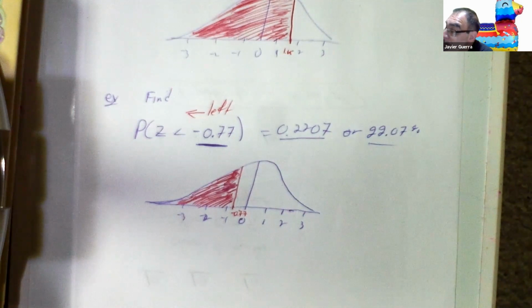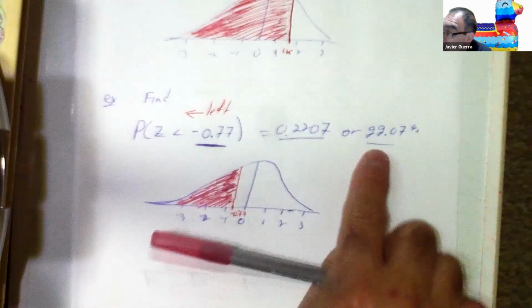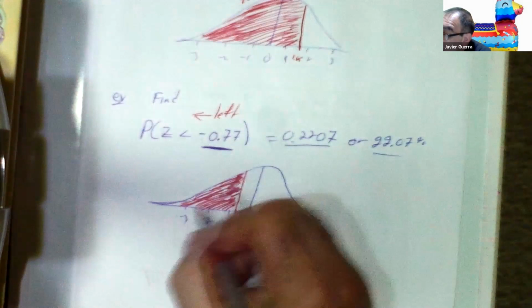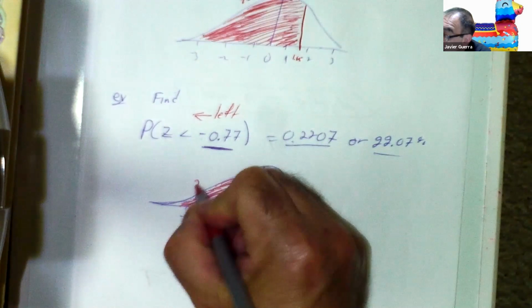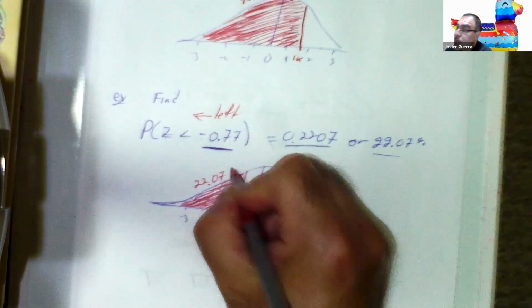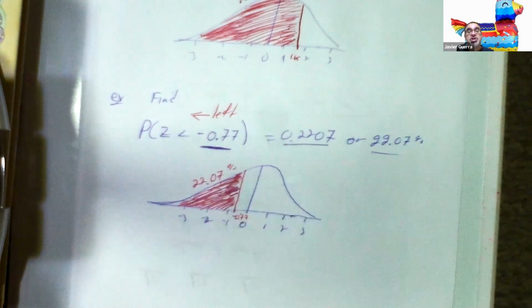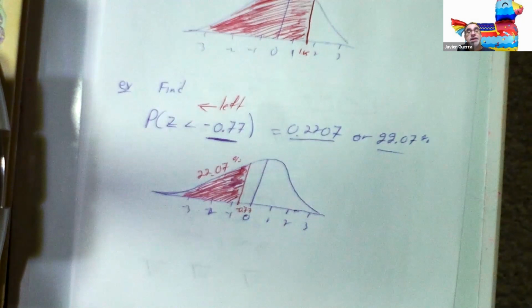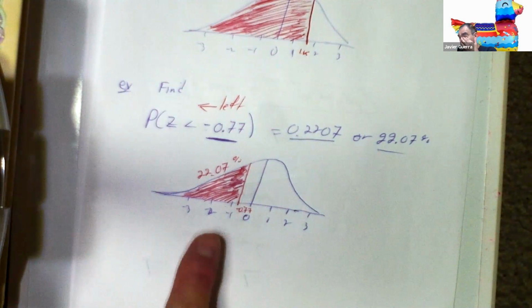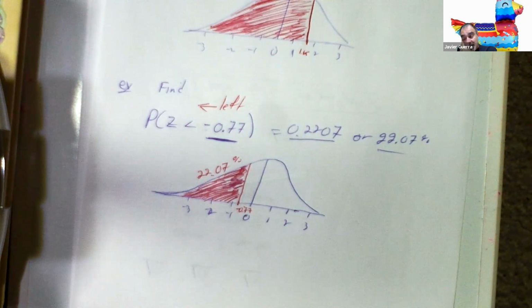But anyways, that shading area was 22.04%. That's how much shade was done by plotting that point on the graph. So those are the less thans.